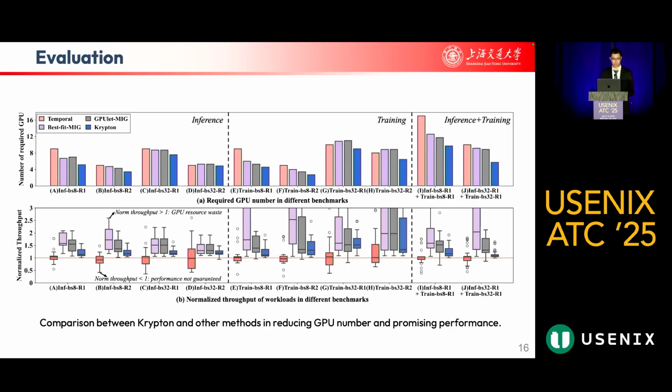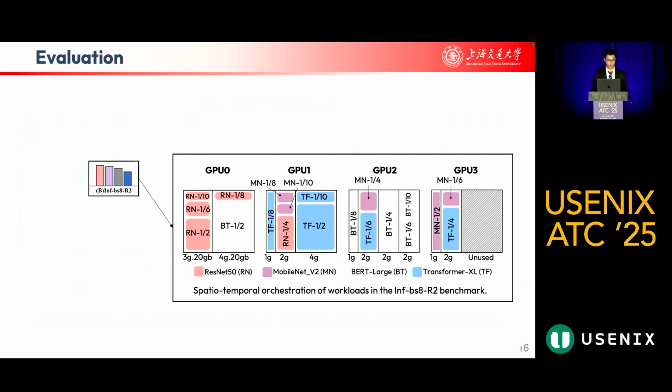So here is the evaluation result. On the first row, I'm showing the performance of the system compared to temporal only, preference to GPU-led MIG, and other existing systems. We are able to reduce the number of GPUs by 32% because of our orchestration process. In particular, in this case, we are able to pack 20 different applications onto 4 GPUs, using both temporal and spatial methods.